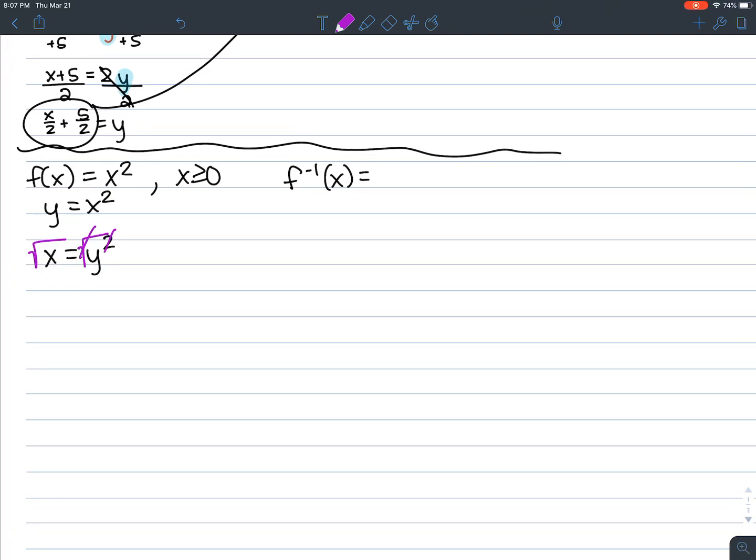The square root and the square cancel, and I'm left with square root of x equals y. And again, we have that condition that x is greater than or equal to 0, which is good because our domain for that is the same. So my f inverse of x would be the square root of x. So we take y, replace it back with f inverse of x, and we're good to go.